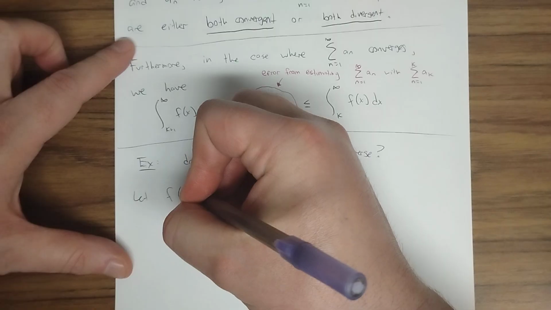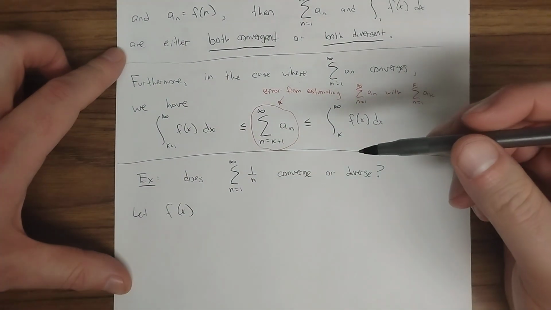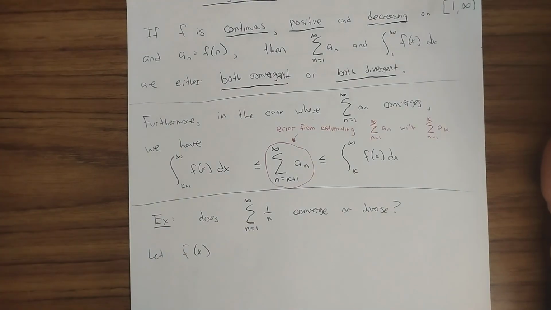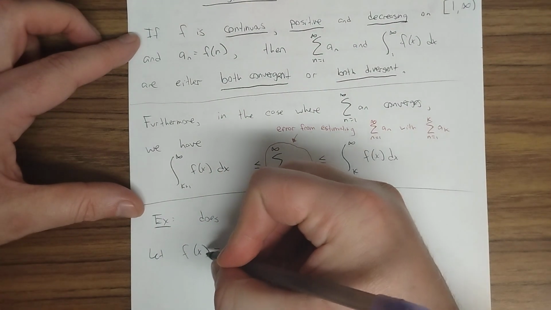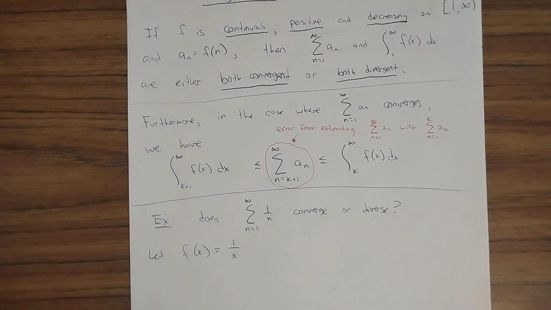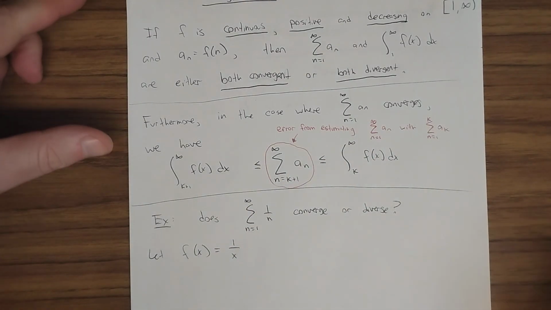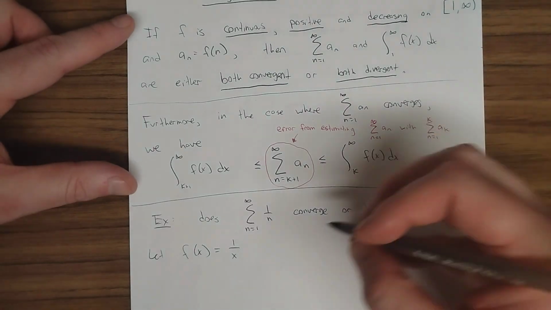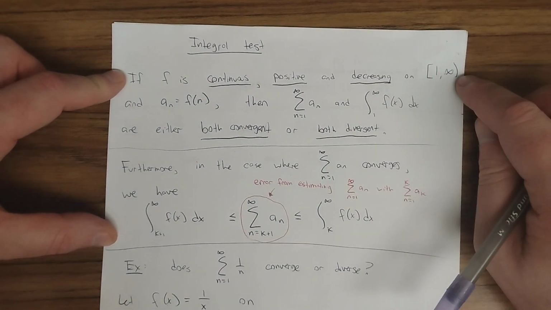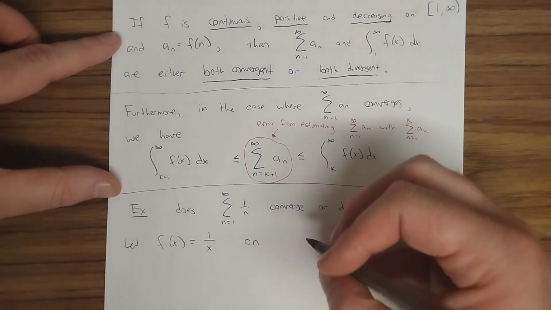Okay, we talk about this function f of x, and f of x and a sub n are supposed to be, roughly speaking, the same thing, except if I'm using the letter x, I'll just replace the n with an x, so it's the same formula. So this is my function. I'm really only interested in this function from 1 to infinity.